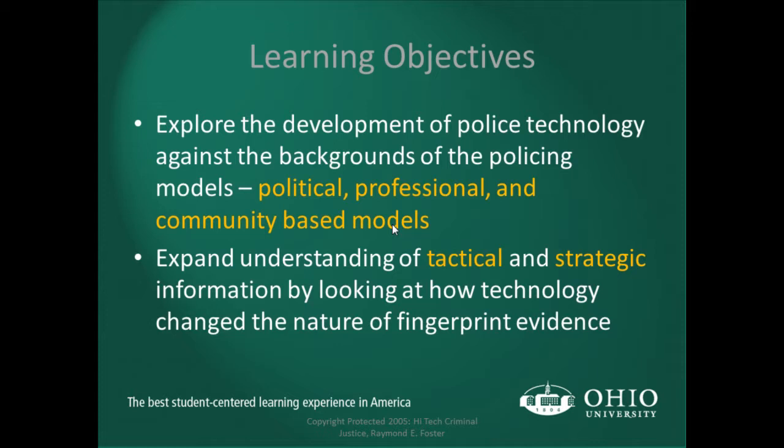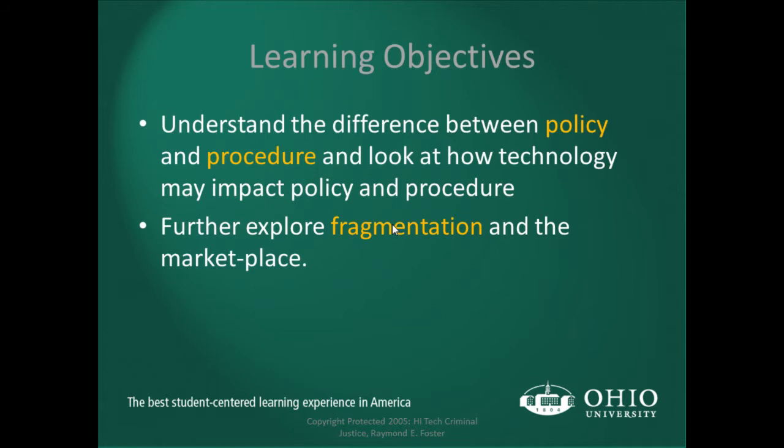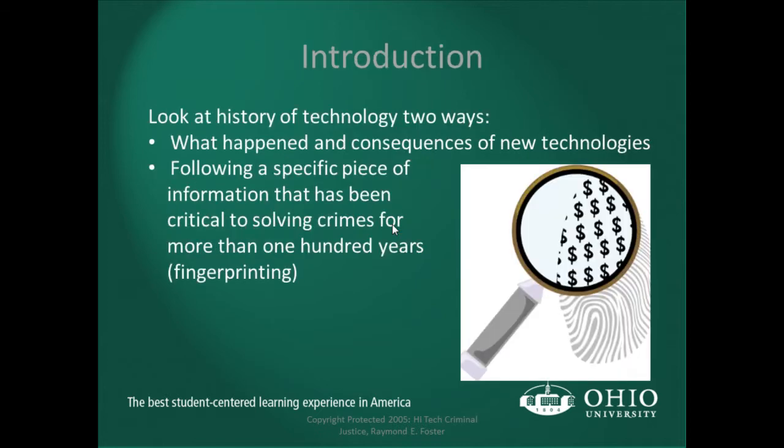We're going to expand the tactical and strategic information look at how technology changed by the nature of fingerprint evidence. We'll understand the difference between policy and procedure, and then how that policy and procedures impact or lead to fragmentation in the marketplace.